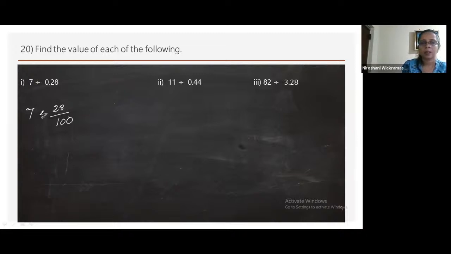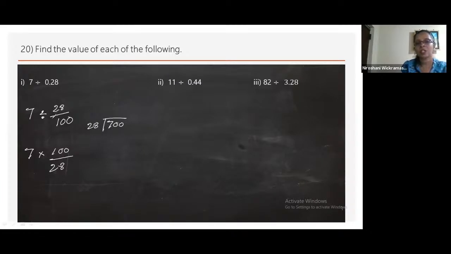This is an additional thing I am showing you because we have talked about multiplication also. Division we can write like this. Then 7, division is there, we write the reciprocal as multiplication, 100 over 28. It means 700, now divide 700 by 28.